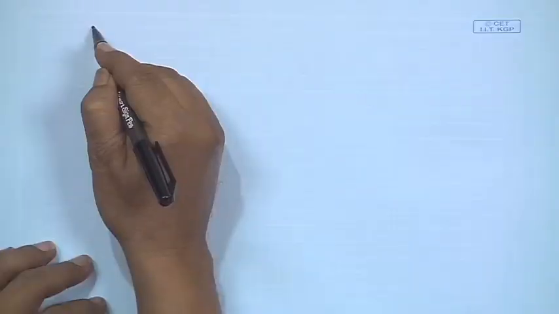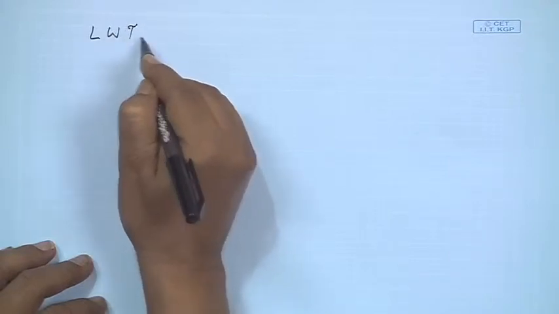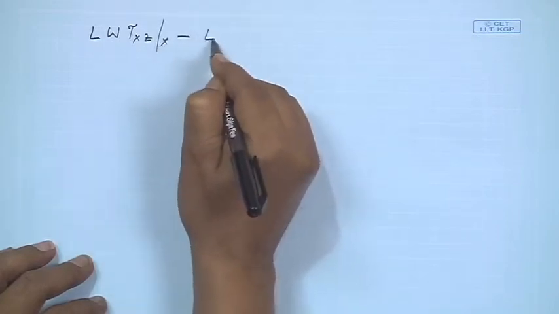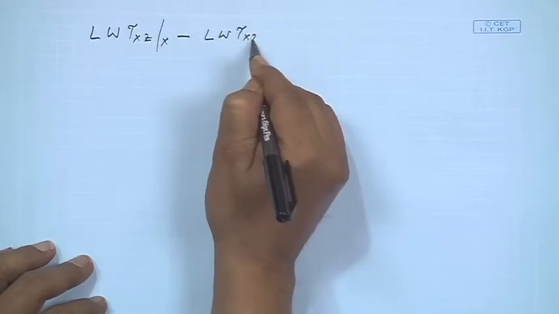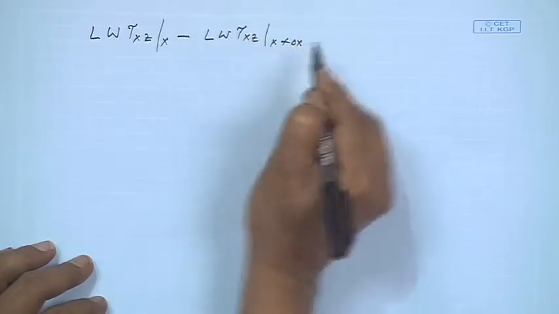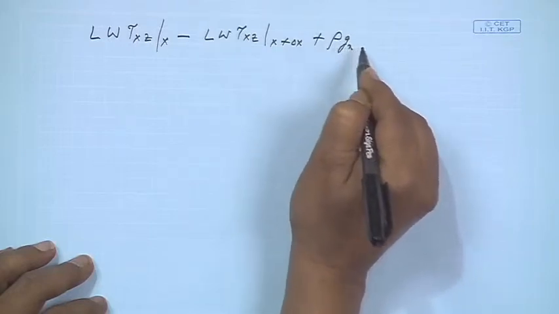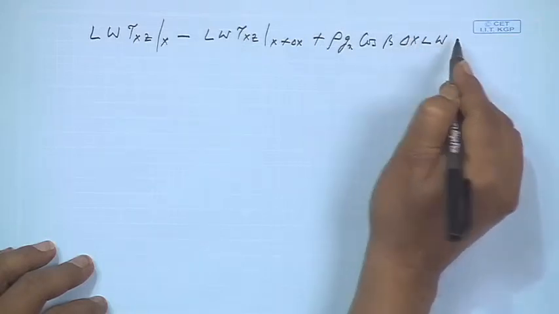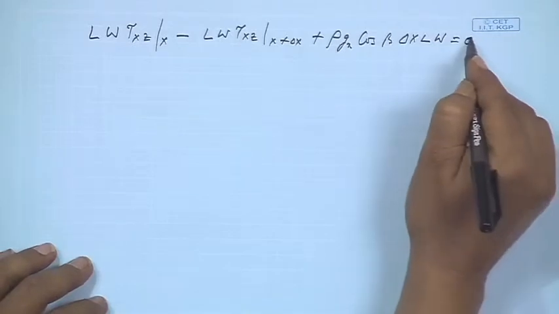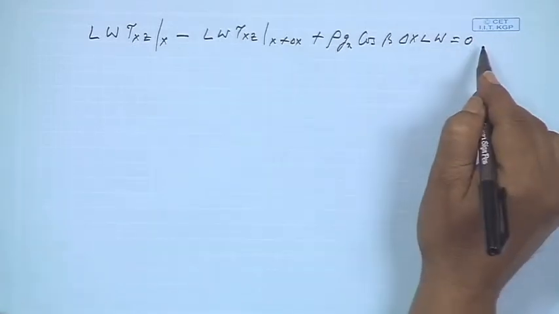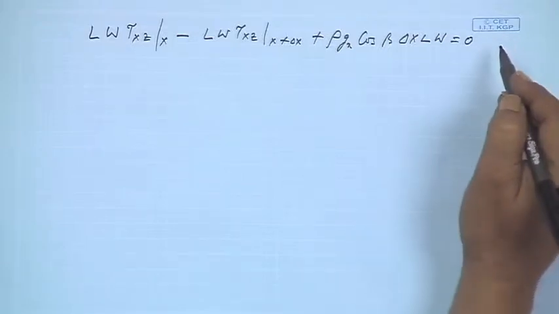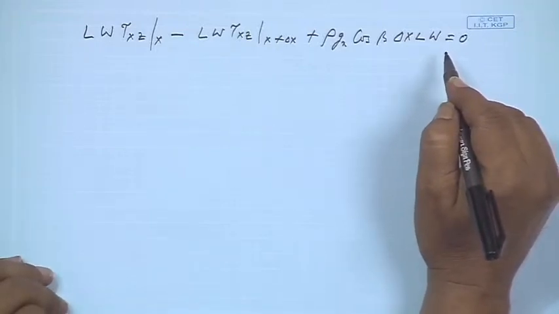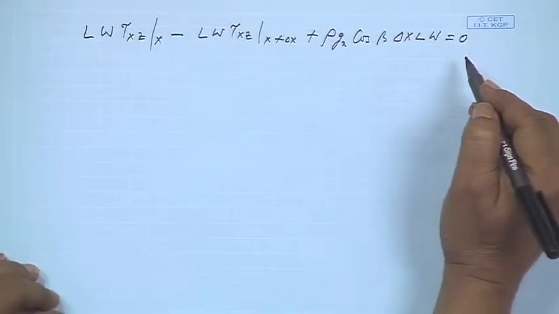So, then it becomes, from the previous equation, L W tau xz at the face x minus L W tau xz at the face x plus delta x, plus rho g x cos beta into delta x L W, equals 0. We get this by putting the individual terms into the governing equation: rate of momentum in minus rate of momentum out plus sum of the forces acting equals rate of momentum accumulation.